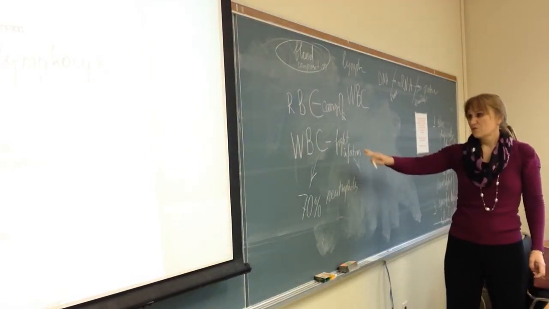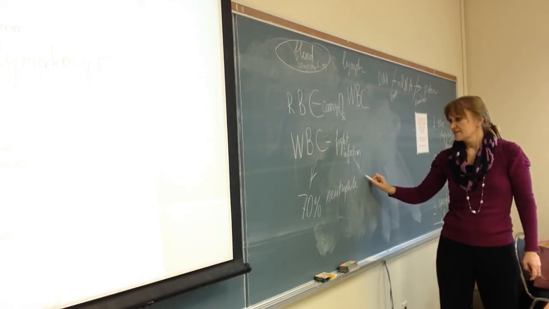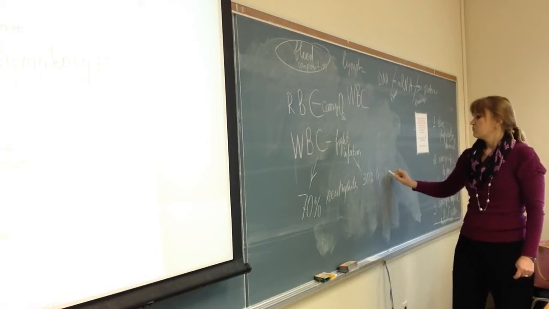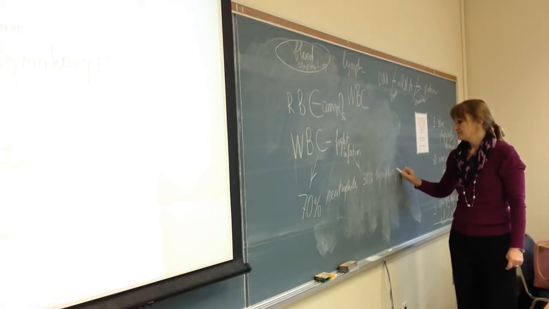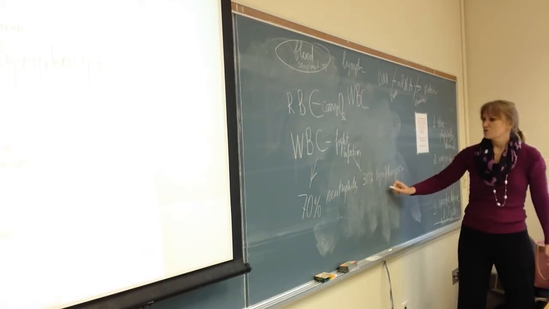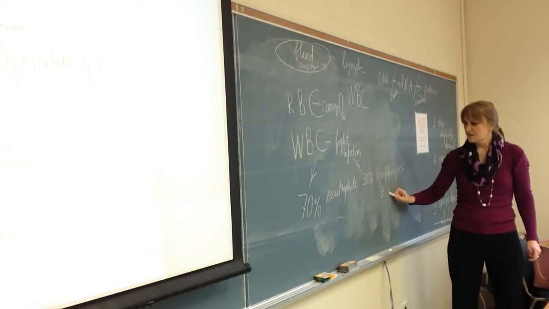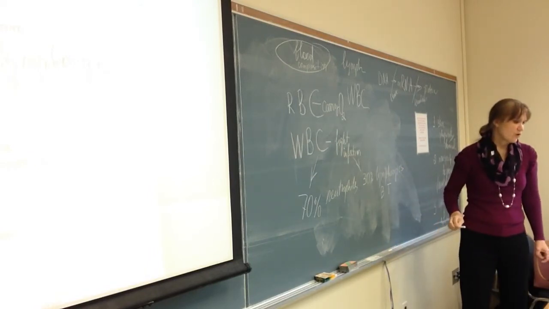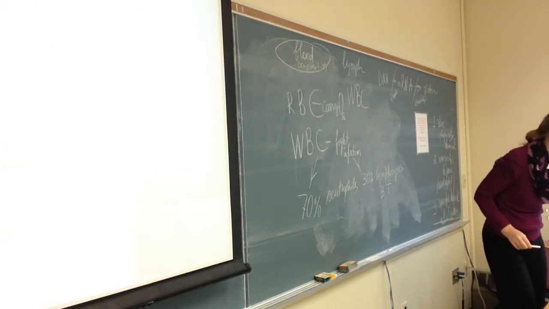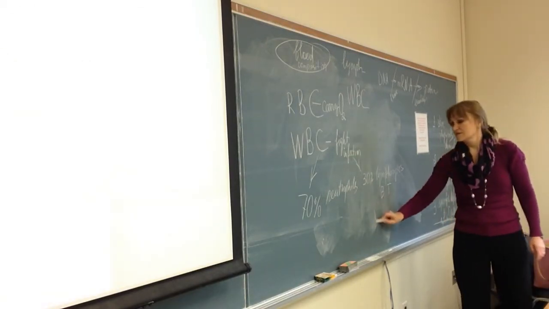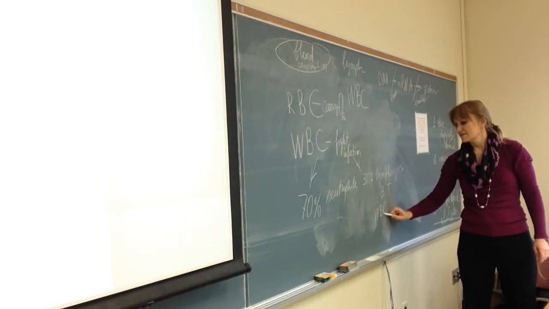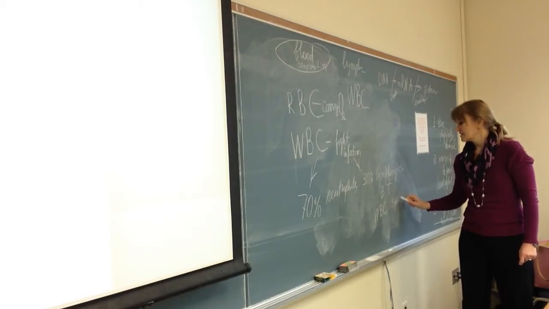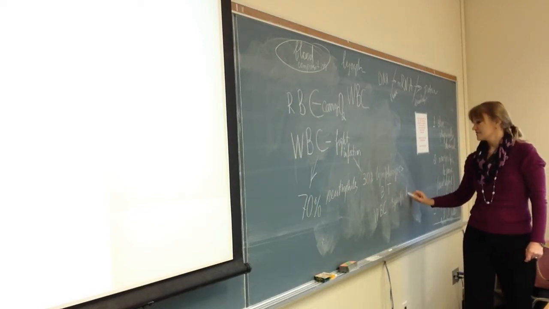And 30% of white blood cells are called lymphocytes. 2 types of lymphocytes, B and T cells. So a lymphocyte, once again, it's in your vocabulary, is a white blood cell that provides specific defense.